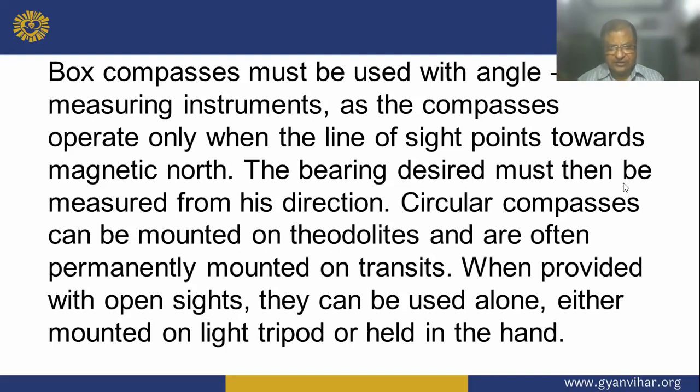Circular compasses can be mounted on the theodolite and are often permanently mounted on the transit. When provided with open sights, they can be used alone, either mounted on a light staff or held in the hand.